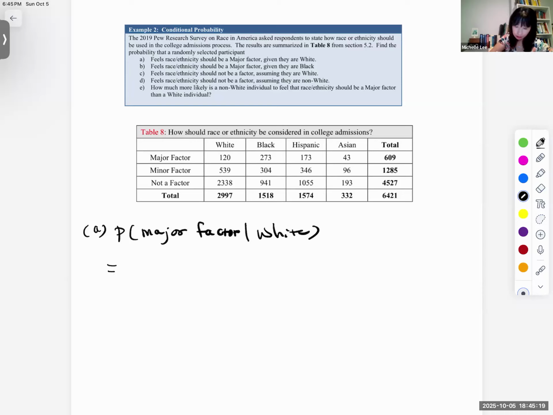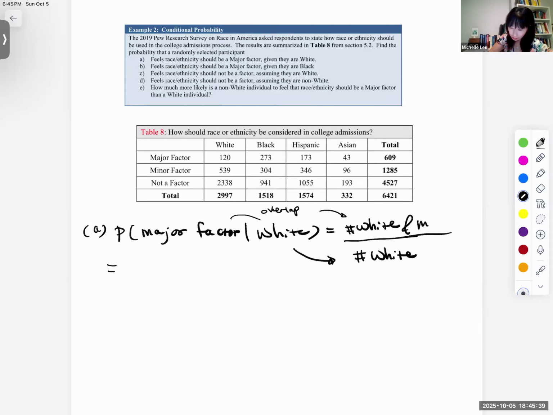Then this will be number of white because of frequency, and then overlap, right? So number of white and major factor.